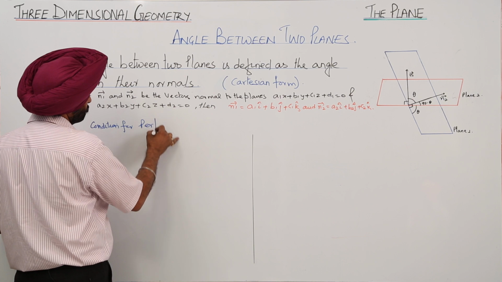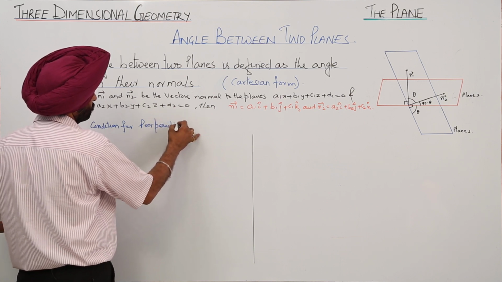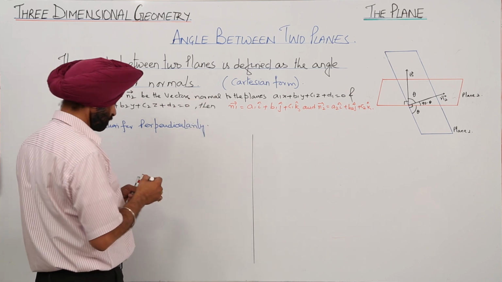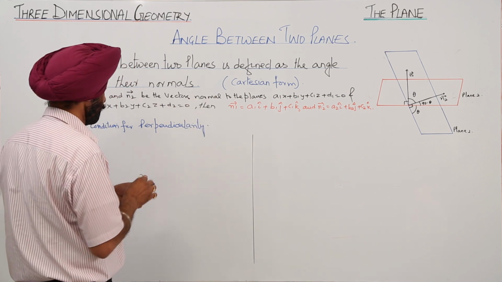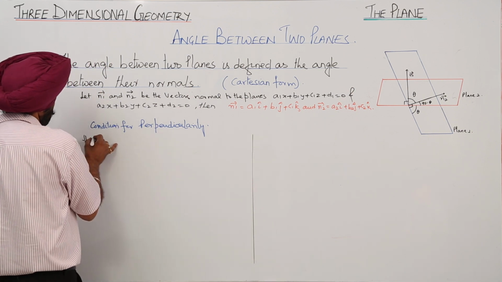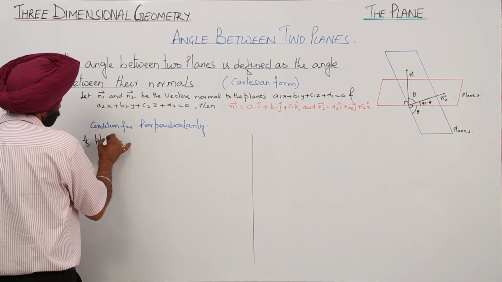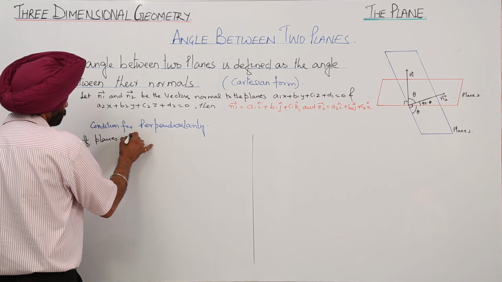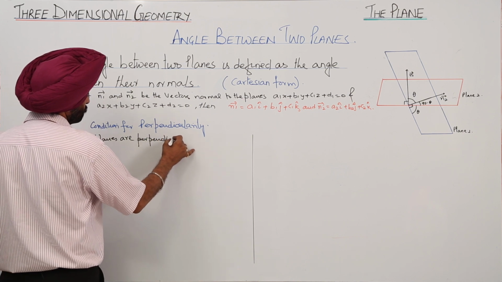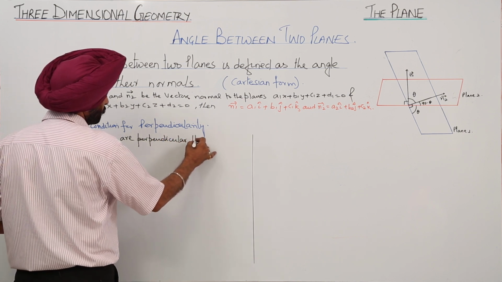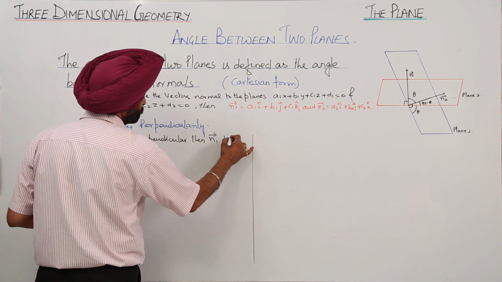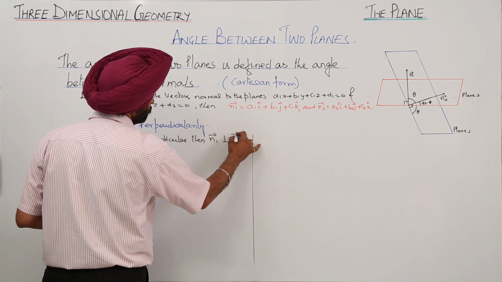Now condition for perpendicularity. Now if planes are perpendicular, then vector n1 is also perpendicular to vector n2.